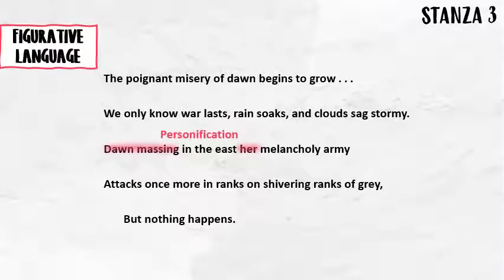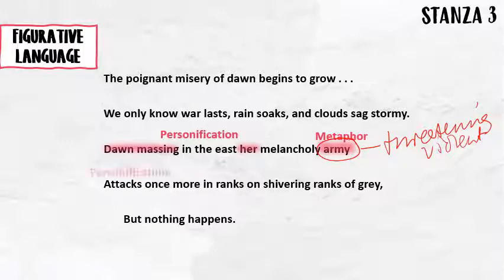So we can see that dawn has been personified, and that she has been given an army, which makes her, again, threatening and violent. And dawn is attacking again, and dawn's army that's attacking is in ranks. So they are being attacked by nature.